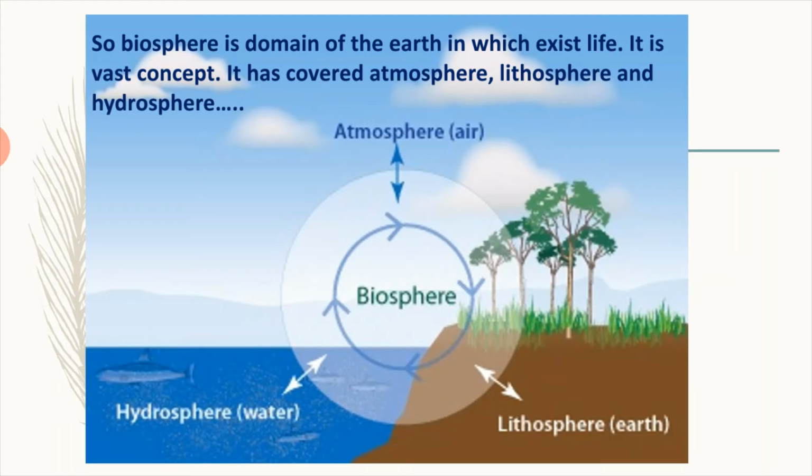Life exists in the atmosphere, and it also exists in the hydrosphere and lithosphere. Then we can say that the biosphere covers the atmosphere, hydrosphere and lithosphere, isn't it? It overlaps three spheres of the earth: atmosphere, hydrosphere and lithosphere.